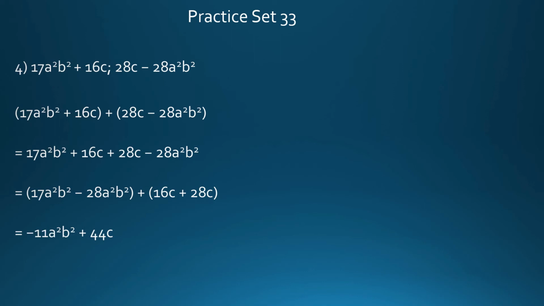Now 17a square b square minus 28a square b square is minus 11a square b square, and 16c plus 28c is 44c. So we will have the answer as minus 11a square b square plus 44c. So the answer of 17a square b square plus 16c plus 28c minus 28a square b square is minus 11a square b square plus 44c.